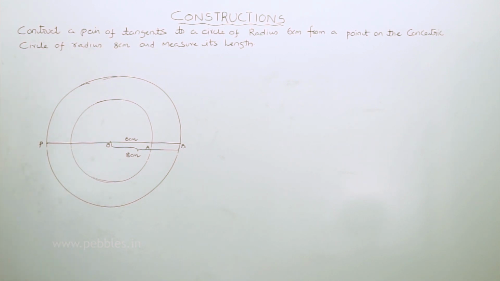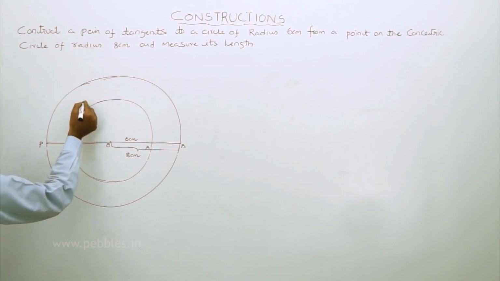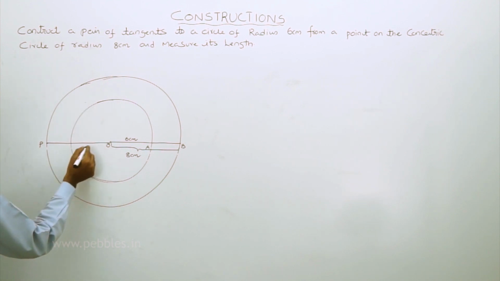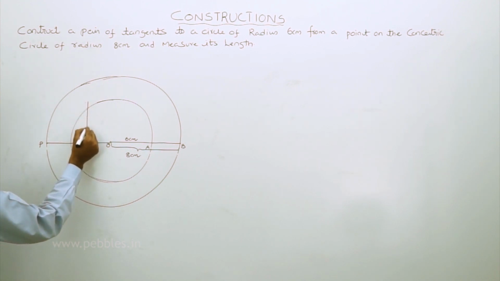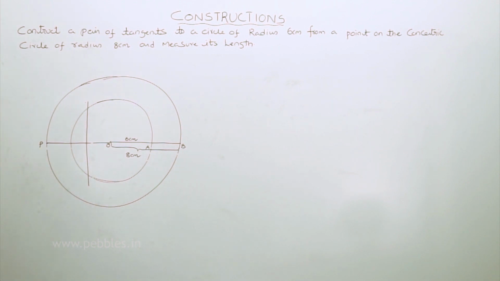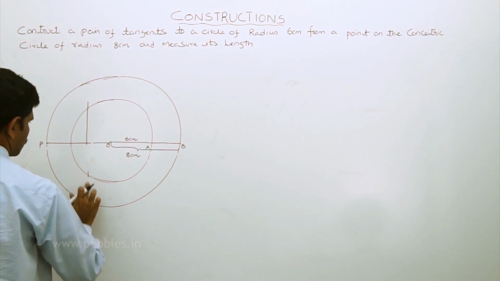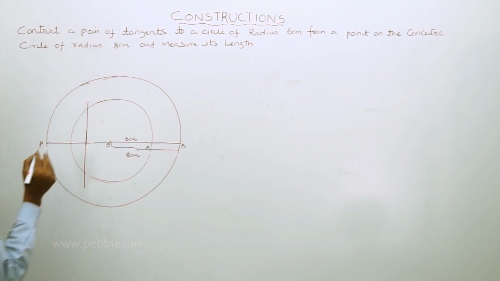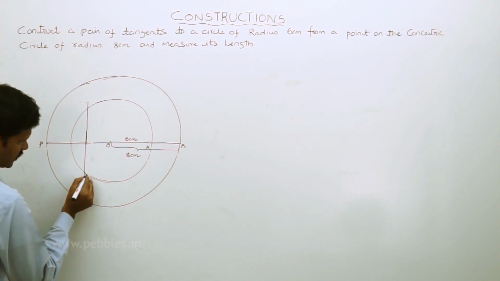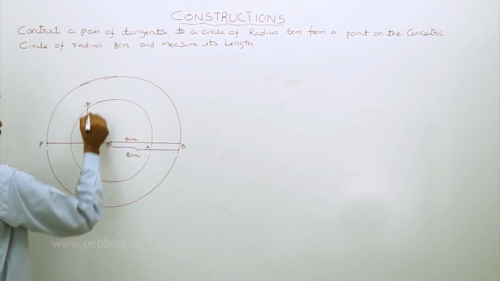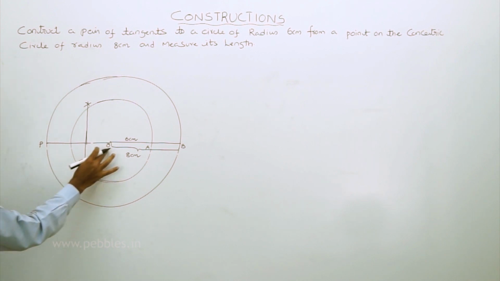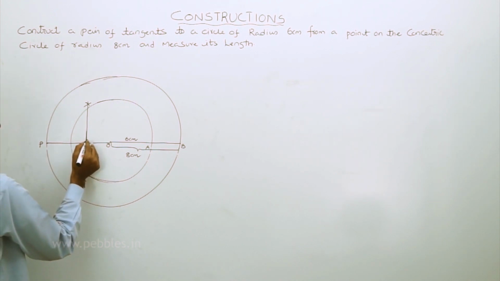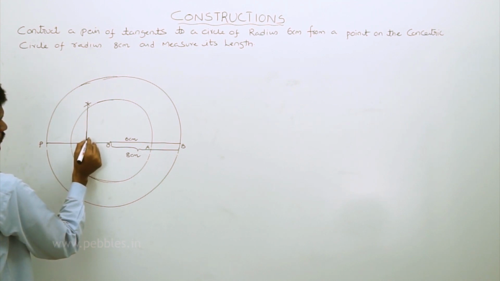Now draw the perpendicular bisector of OP, which touches OP at R.